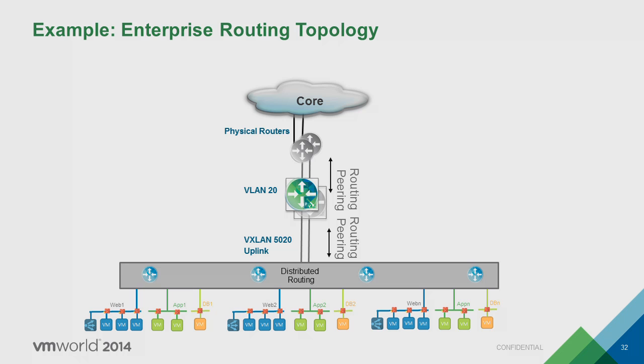In a typical enterprise environment where you don't have multi-tenancy requirements, you will have just a single flat distributed logical router, connected to an edge service gateway. East-to-west traffic can be locally routed at the distributed logical router level, while south-to-north traffic will go through the edge service gateway, which is the edge used for the perimeter functions that connects into the physical fabric.